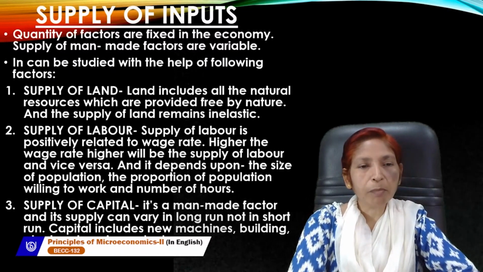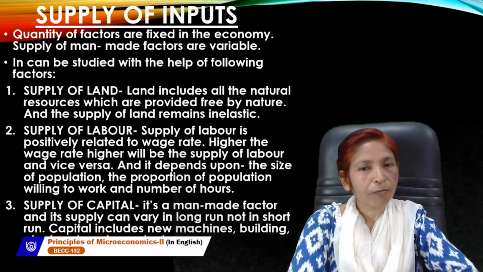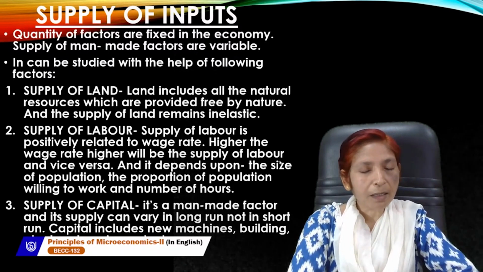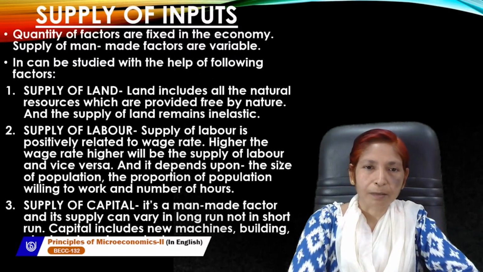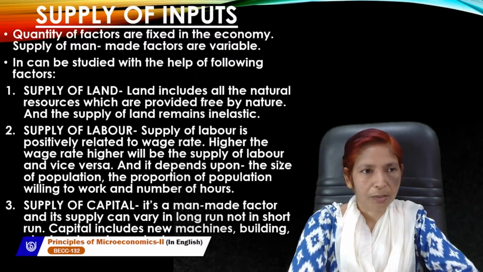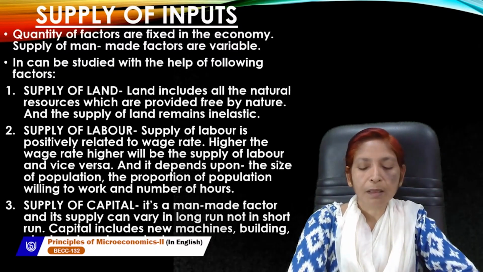Supply of man-made factors is variable, but God-gifted factors are fixed. For example, land. Land is a God-gifted factor whose supply always remains constant or fixed. We can't increase or decrease the supply of land.